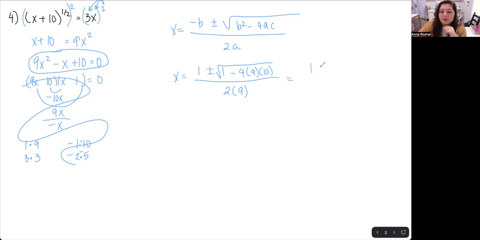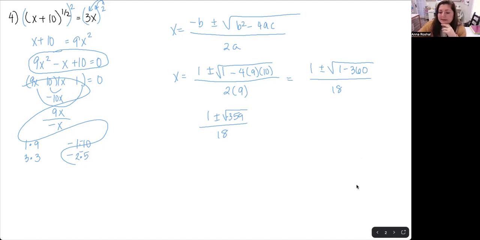So this is going to be 1 plus or minus the square root of... this is 36, so 1 minus 360, over 18. So 1 plus or minus root of negative 359, over 18. And if I pull up a calculator, what's going to happen here?